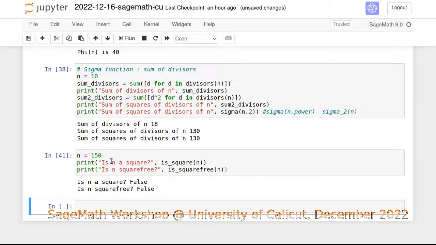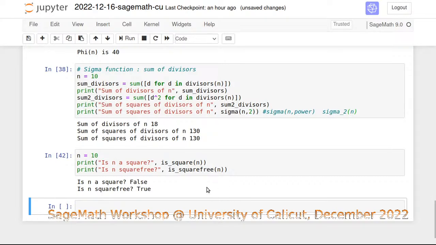Take 150: we know that 25 is there. 25 is a square, and 25 divides 150, so it is not square free. 24 is also not square free. 10 is square free because no square divides it. By square free we mean that no square other than 1 squared divides the number, because 1 squared definitely divides a number. That's what square free is.